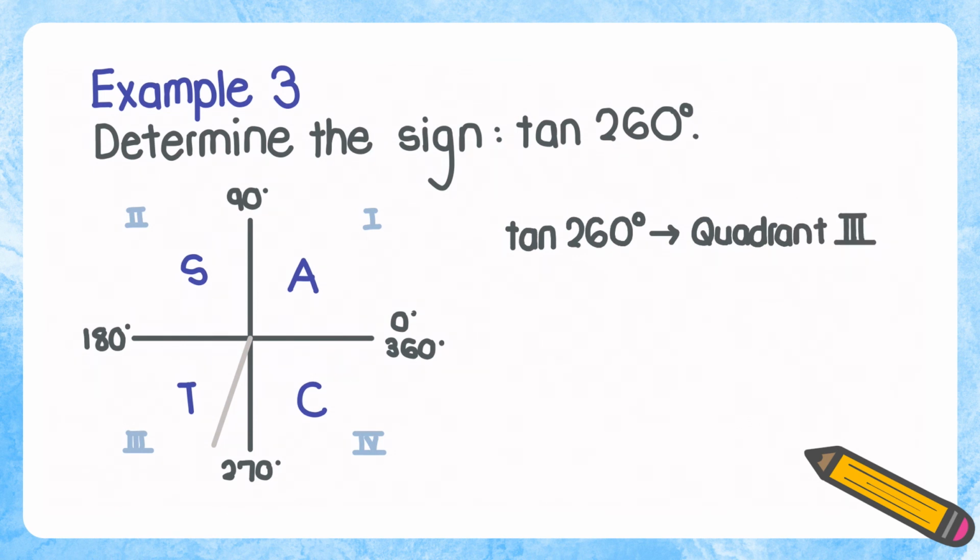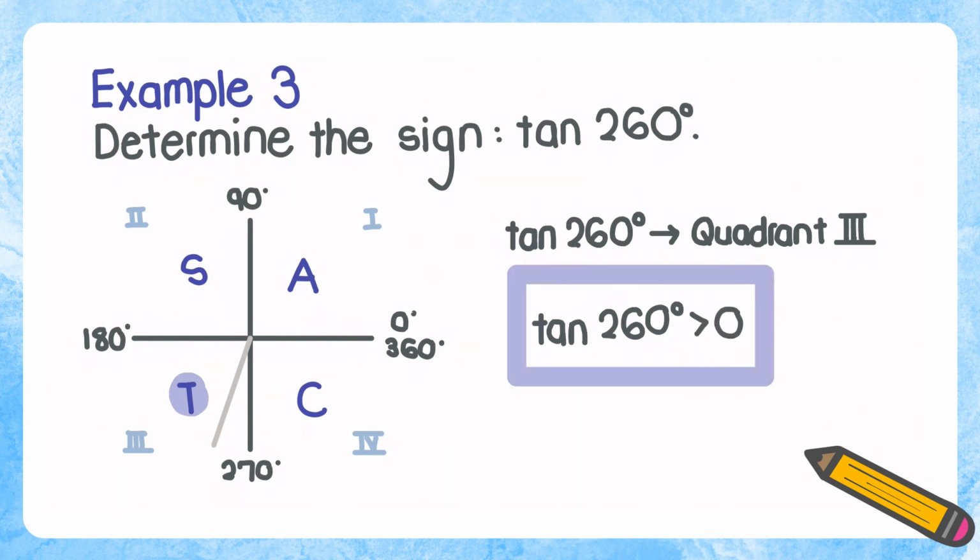And we know that in quadrant 3, only tangent functions, so the T helps us know that only tangent functions are positive. And indeed, we are working with tangent of 260 degrees, so we know that this will result in a positive answer.